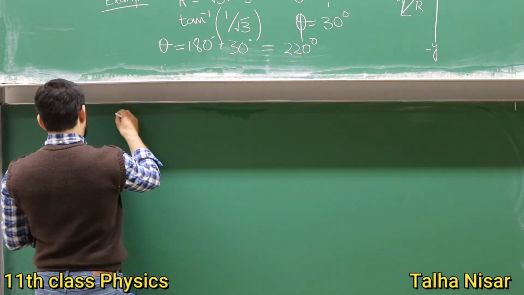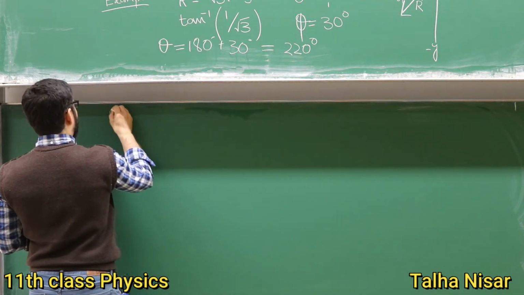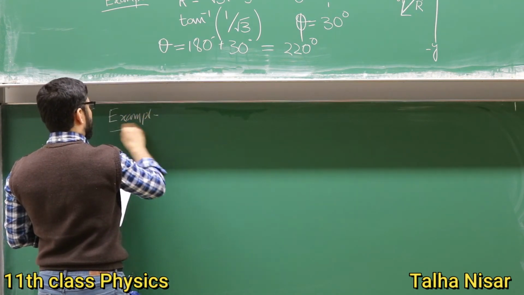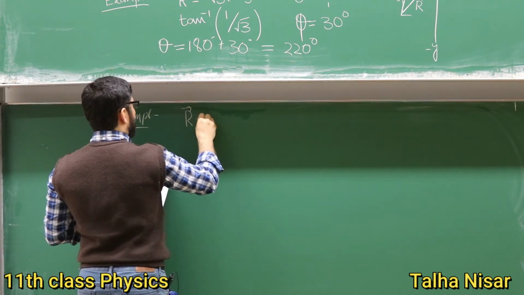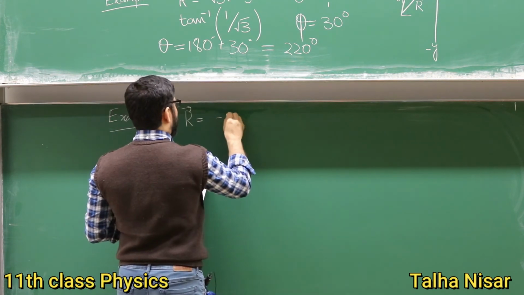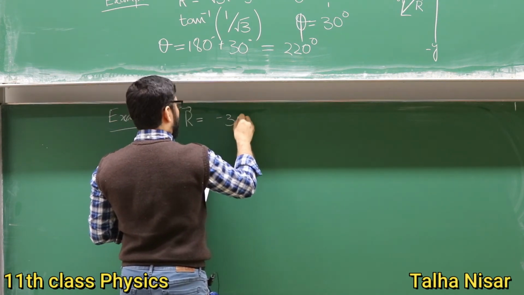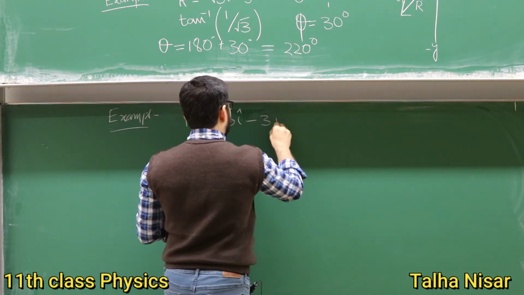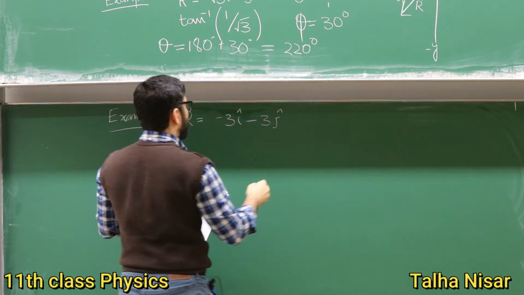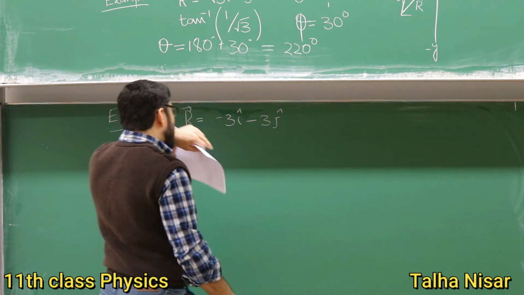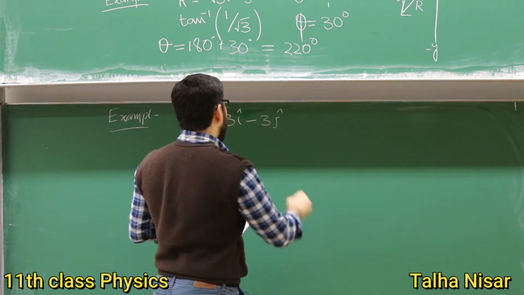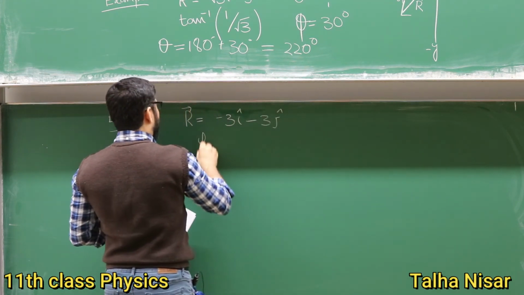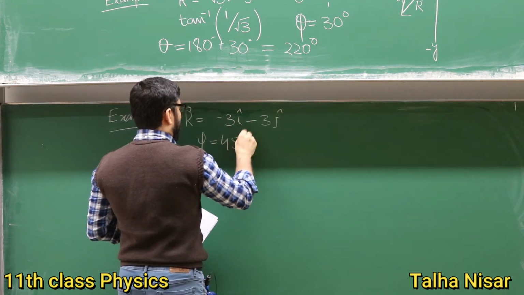Now we have the other example: minus 3i minus 3j. If we put the values, we get tangent inverse of 1, and comparing with those values, phi here is 45 degrees.